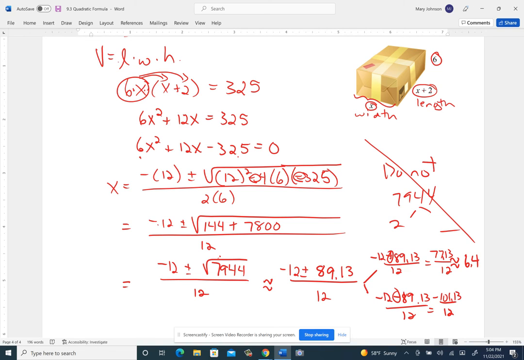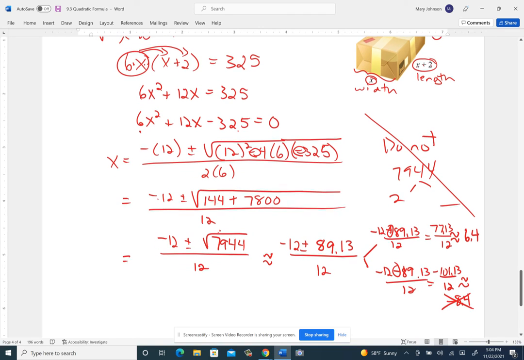When you divide by 12, you get approximately a negative number, negative 8.4. And we're talking about a length of something, so it can't be negative.